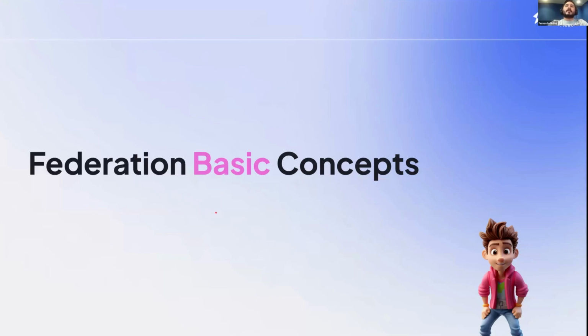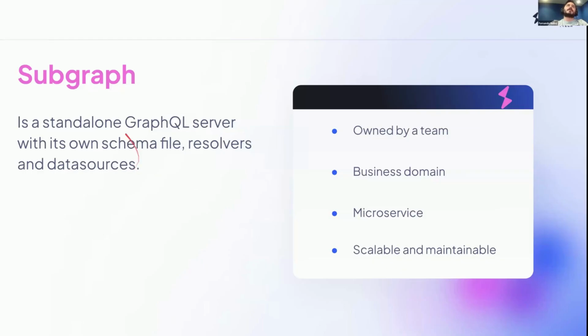So moving to federation basic concepts, we start with the subgraph. Basically, a subgraph is a standalone GraphQL server, which has a schema file with resolvers and data sources. So a subgraph is a small GraphQL server, usually owned by a single team. That is ideal. One team can maybe own one or more subgraphs, but the idea is that one subgraph is owned by just one team.